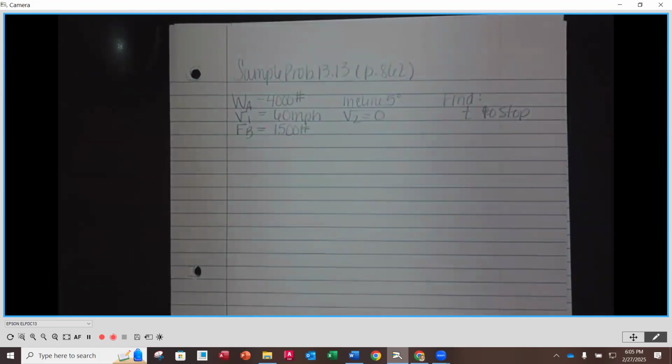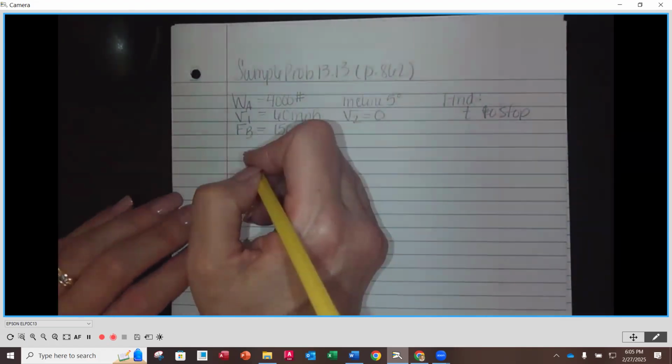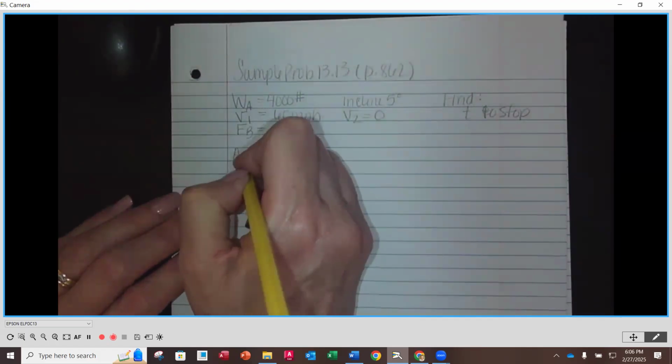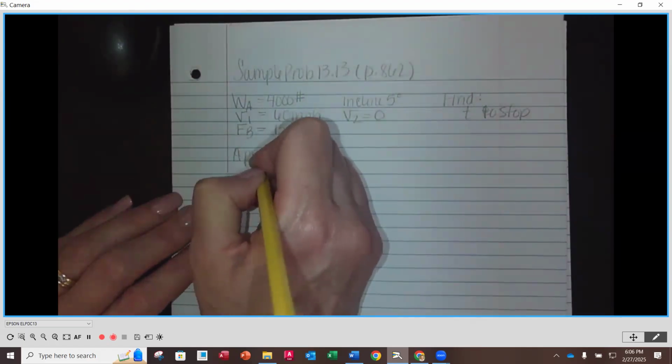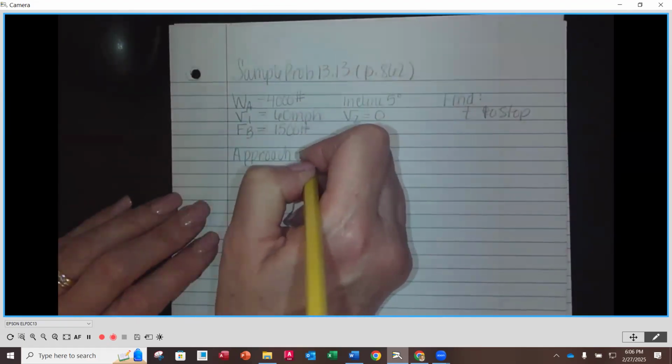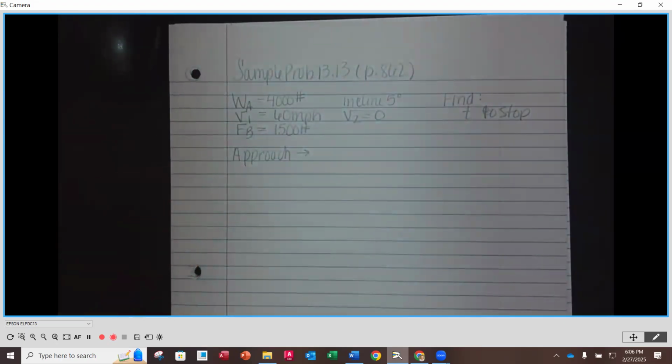Now, our approach, we're going to use this impulse momentum theorem. So I'm just going to add approach. There are other ways to do this, and we've done similar problems to this, maybe not in the exact same variable format, but we're finding that we have 3 distinct approaches, if you would. We have Newton's second law.